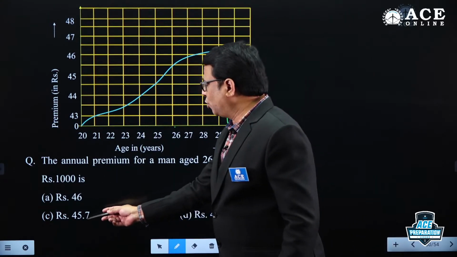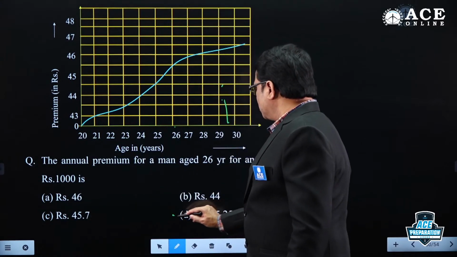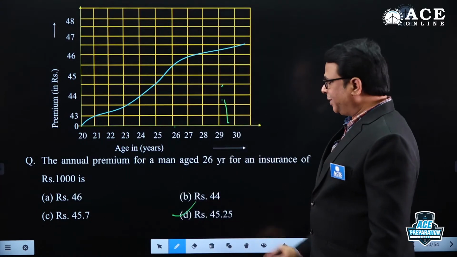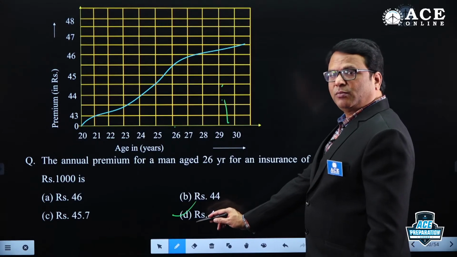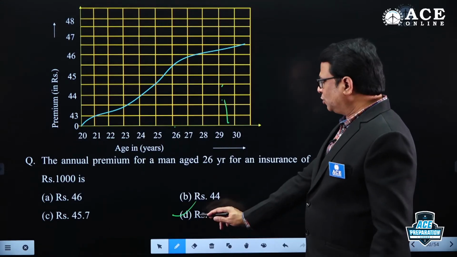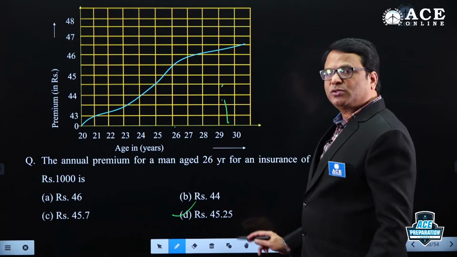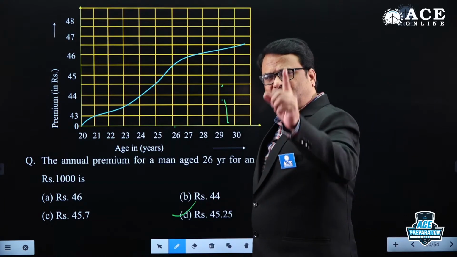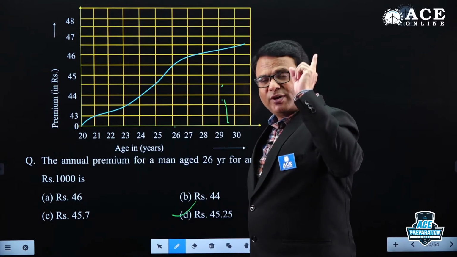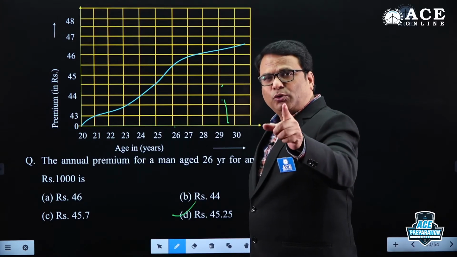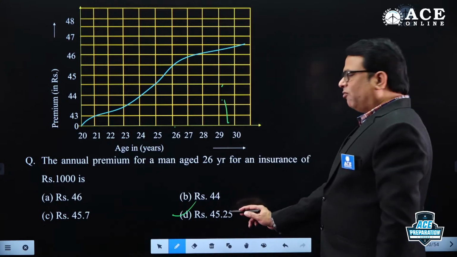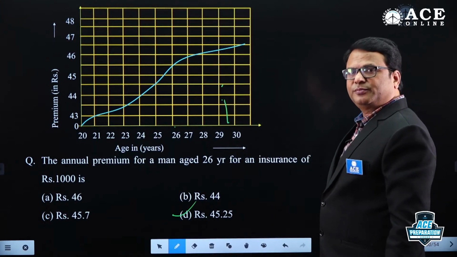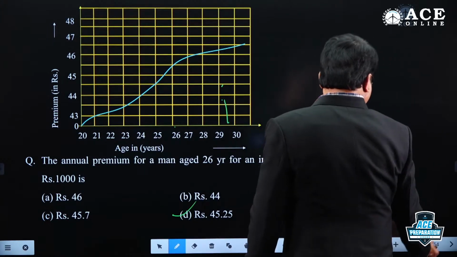So slightly less than 45.5 means I should go for option D, 45.25, because none of the others fit. So that much premium should be paid if the age is 26 years. If age is 26 years, then for 1000 rupees insurance, you have to pay a premium of 45.25 rupees. Okay? Right. The next question.